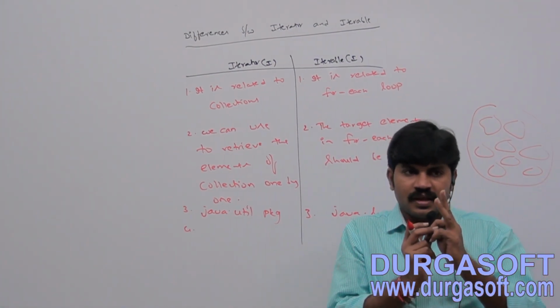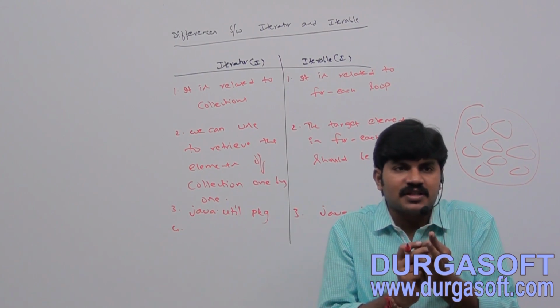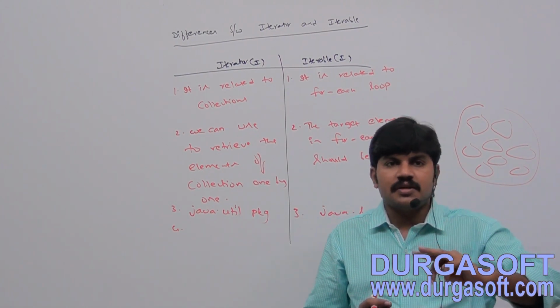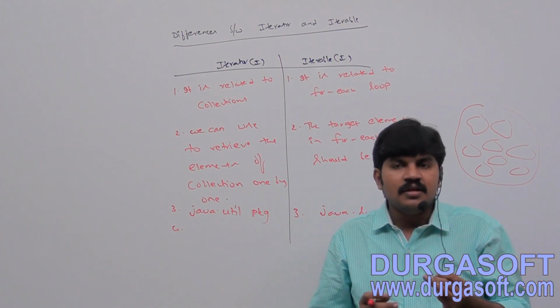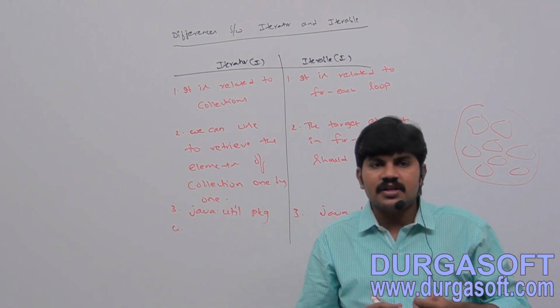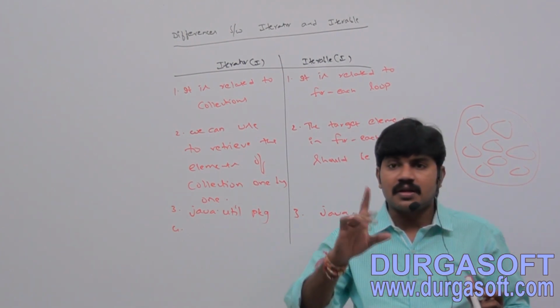The first method is hasNext: can you please check whether the next element is there or not? If the next element is there, then next: can you please find the next element? And remove: this current element is not good, can you please remove it? I will explain this in the collection framework.